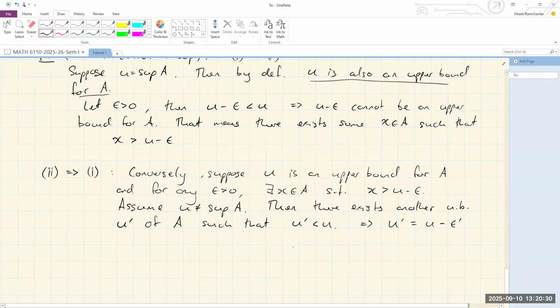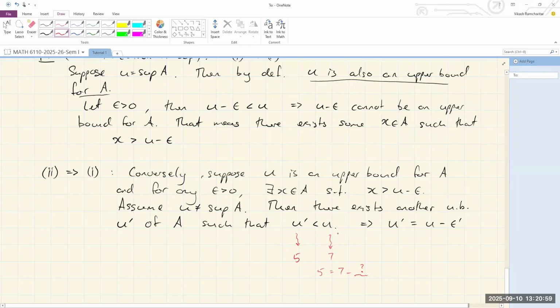Okay. How do I get this? So let's just put some numbers to it. Let's just say u prime was 5, right? And let's say u was 7. Then we could say 5 equals 7 minus some amount, right? Of course, the amount will be 2 in this case. So that's what I'm saying.